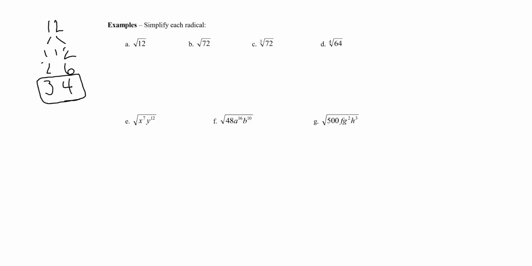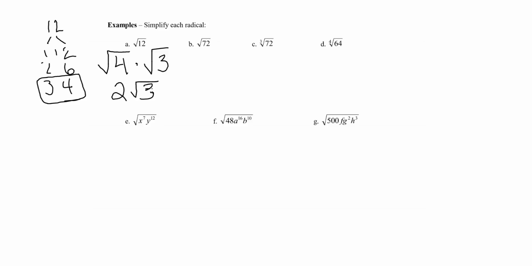So instead of writing the square root of 12, I'm going to break it down. It's really the square root of 4 times the square root of 3. And we know that the square root of 4 is 2, and the square root of 3 I can't do anything with, so I'm going to leave it under the radical. So this is my simplified answer, 2 square root 3. Okay. 72.